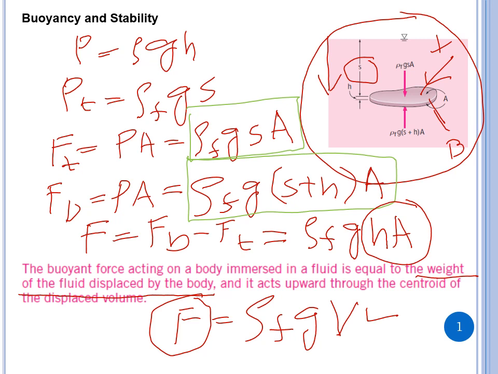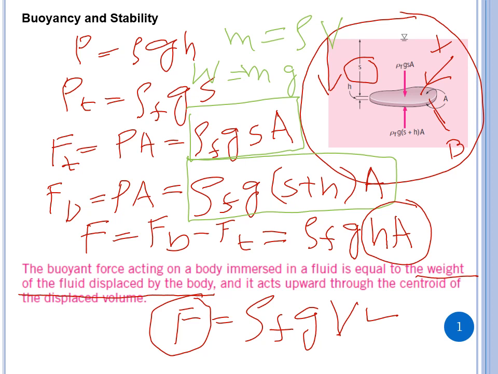So the buoyant force acting on a body immersed in a fluid is equal to the weight of the fluid displaced by the body. And why is it the weight of the fluid displaced by the body? You know, m is basically rho V, which is the mass, and mg is weight.